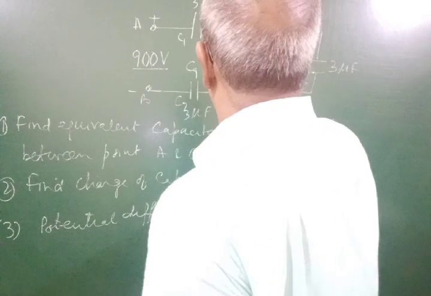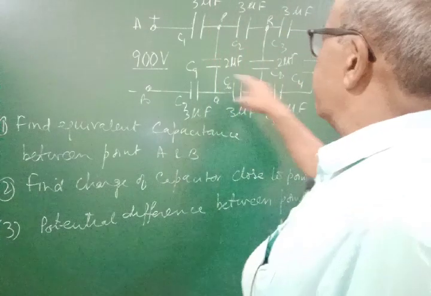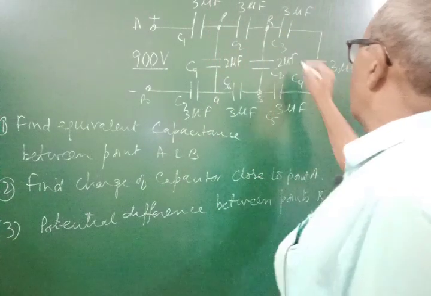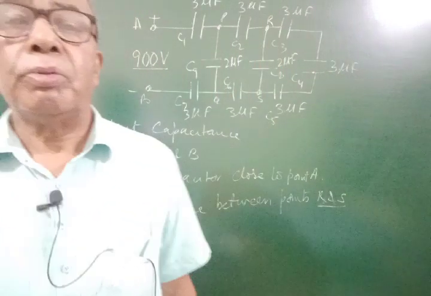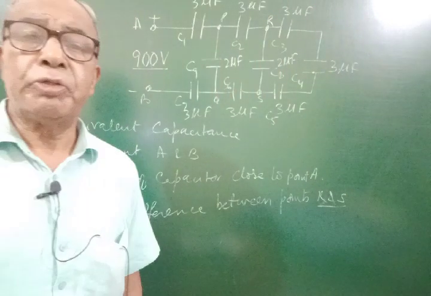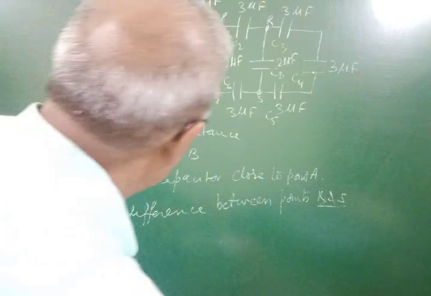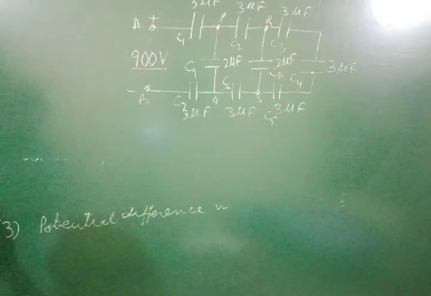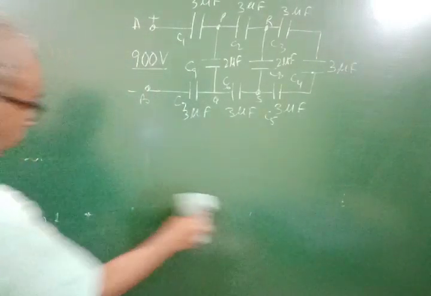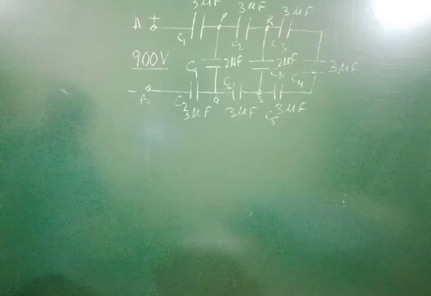It is also 2 microfarad. C8 and C9 are each equal to 2 microfarad. I think the question is clear to all of you. Whosoever is reading, to find equivalent between A and B, how to proceed?